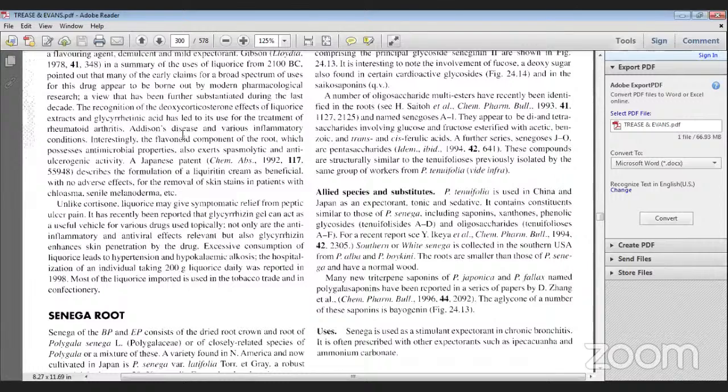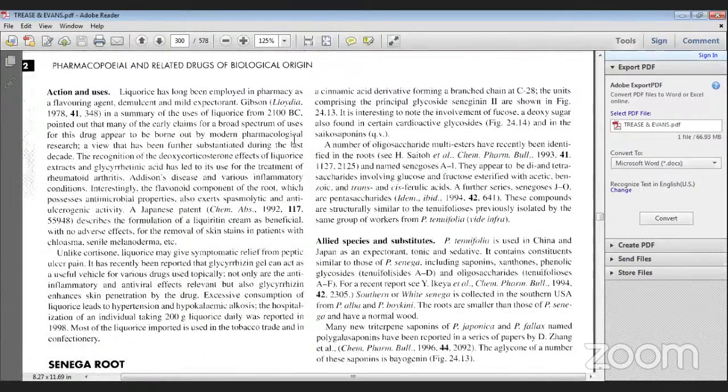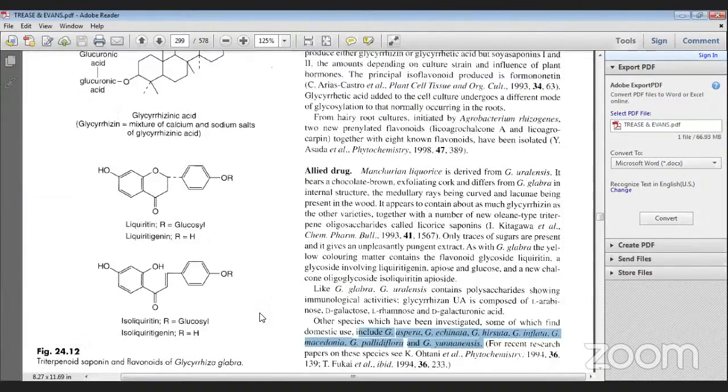Different preparations of licorice are used, like licorice powder, the powder of the unpeeled drug. It is also used as extract, licorice fluid extract, and licorice lozenges. So these are the main uses of licorice.